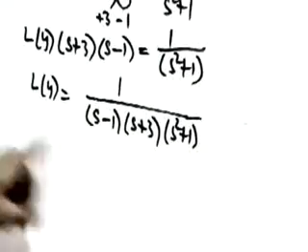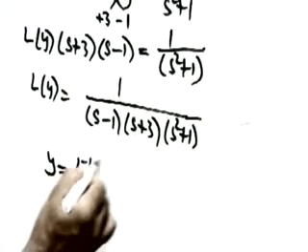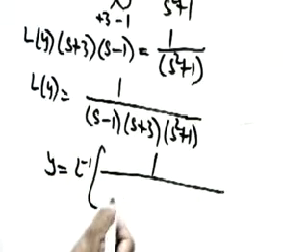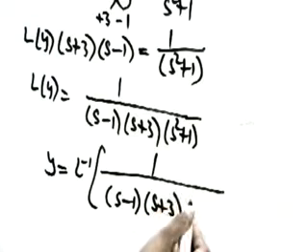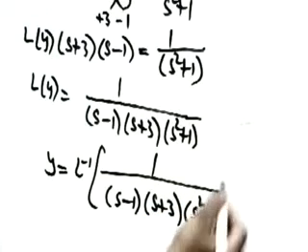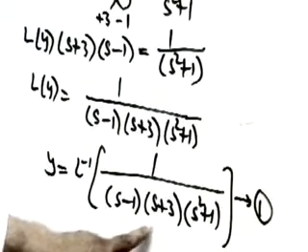When we bring the inverse to that side, y equals Laplace inverse of 1 divided by s minus 1 into s plus 3 into s square plus 1. Note this as 1.